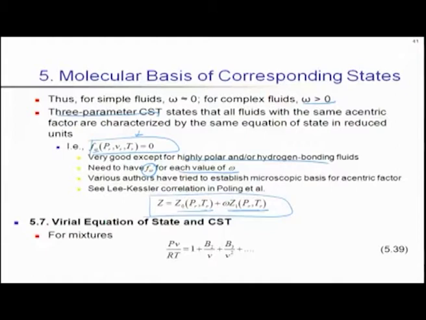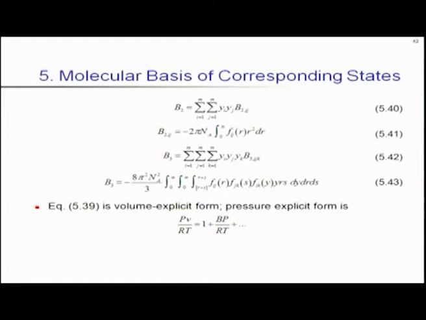For the mixtures, we will consider the same expression, but now the B2s, B3s and so forth will be a combined value for the mixtures, which is typically written here as B2 is the double summation of yi yj, the composition, multiplied by B2 ij, where B2 ij can be related to the Mayer function as we have already seen, except that Bij contains e to the power minus beta uij minus 1. So, this becomes that interaction parameter or potential energy between the unlike species i and j.